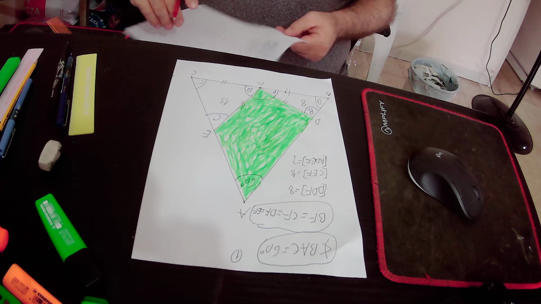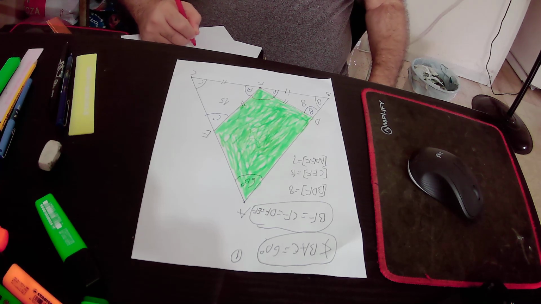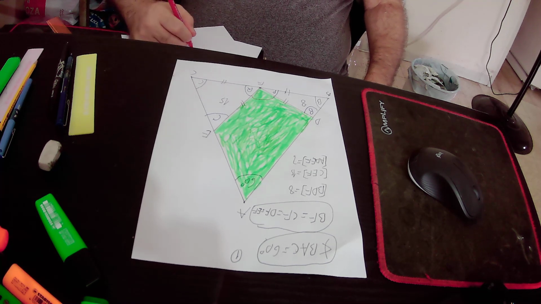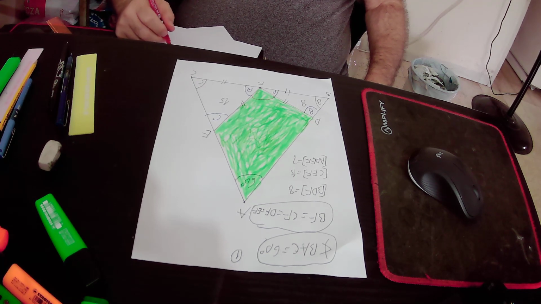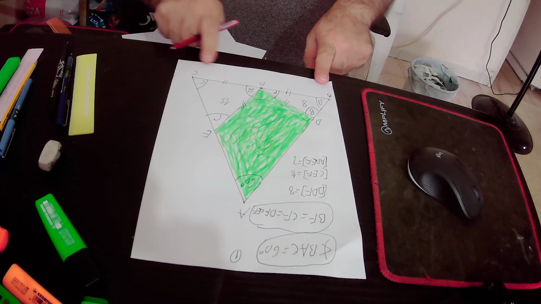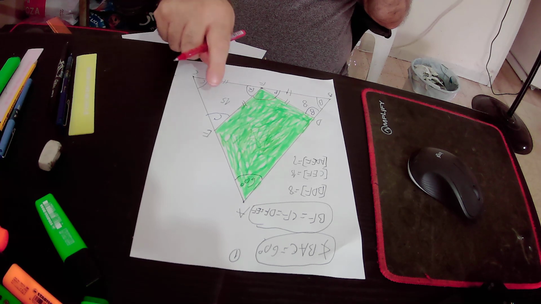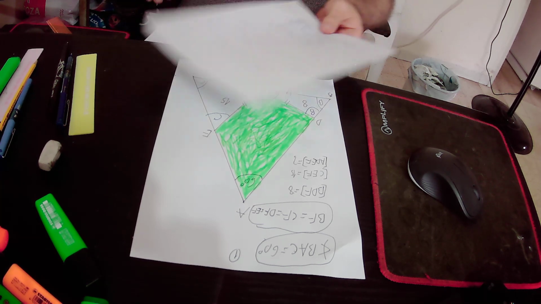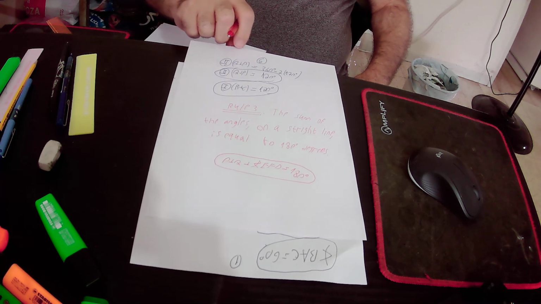Therefore angle P plus angle Q plus angle EFD must be equal to 180 degrees according to rule number 3.